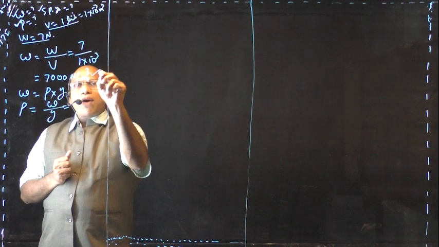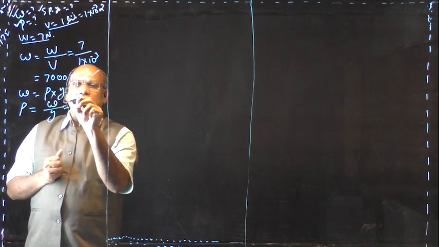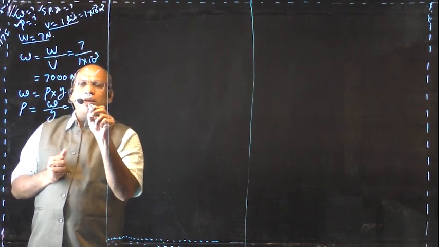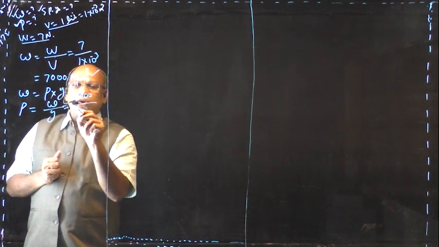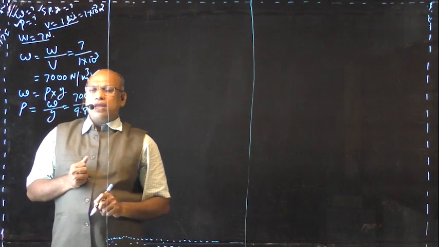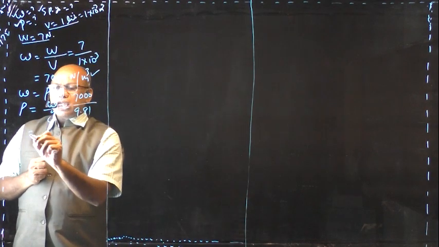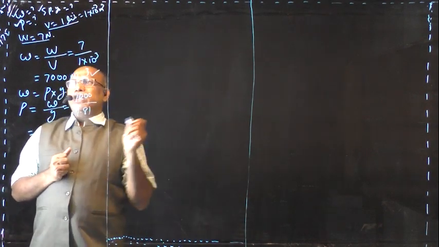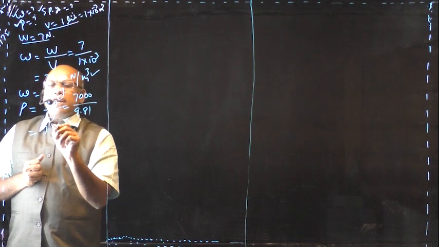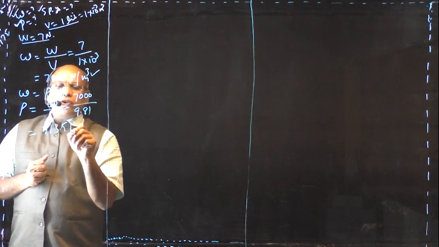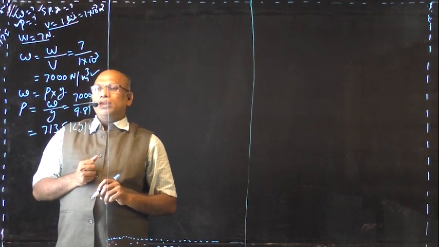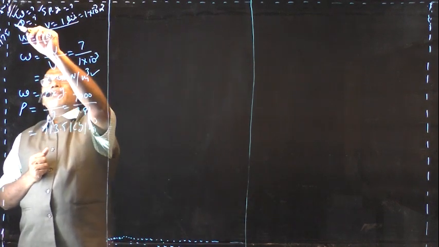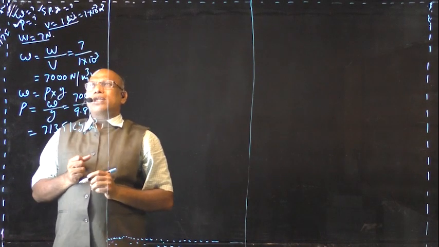Unit weight we have already determined here, that is 7000 Newton per meter cube, divided by gravity, that is 9.81. Therefore, density of the liquid is equal to 713.5 kg per meter cube. We have determined the density of the fluid also here.